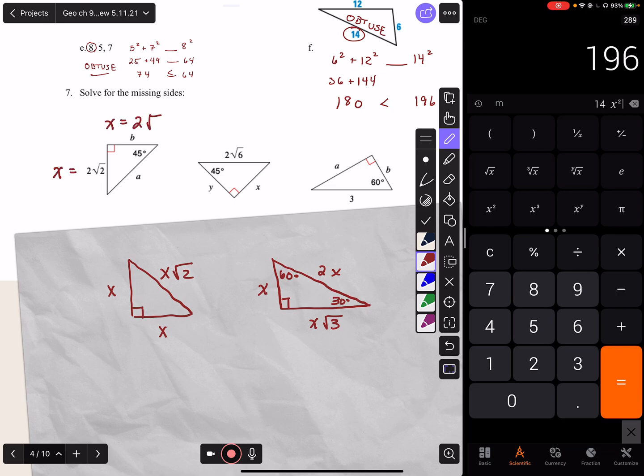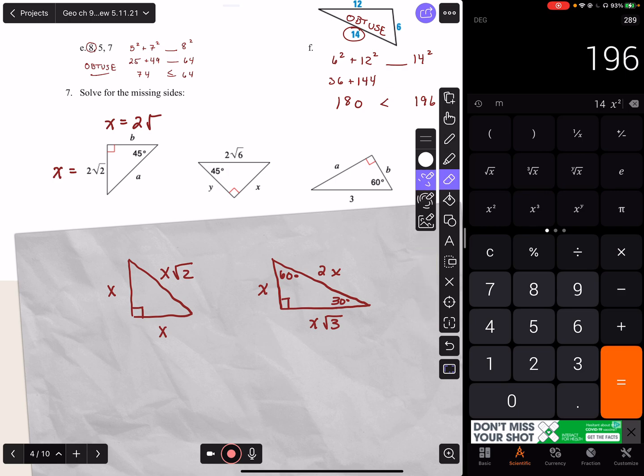That's our two sides. And then our hypotenuse is x root 2, which is 2 root 2 times root 2. That's 2 times root 4, so that's 2 times 2, or 4. So this side must be 4 units long.